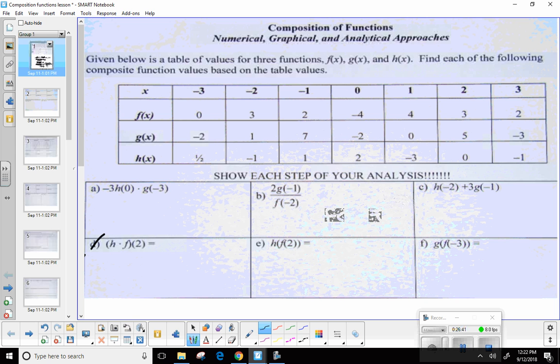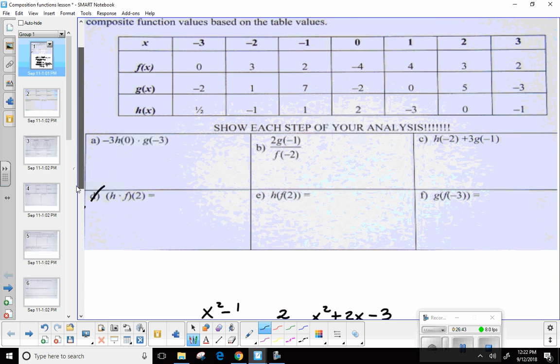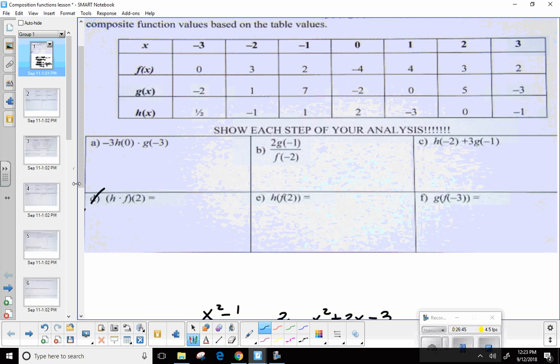Let's try g of f of negative 3. Well, where do I start, with g or f? F. Always start with the innermost function. So I want to know what's f of negative 3. Okay, so f of negative 3 is 0, right?